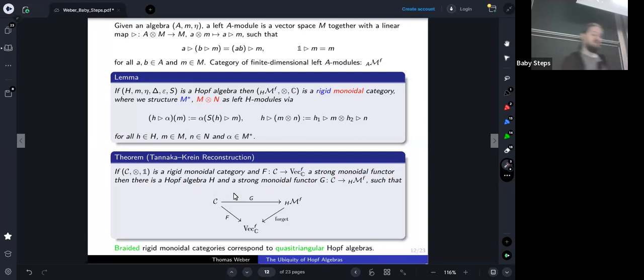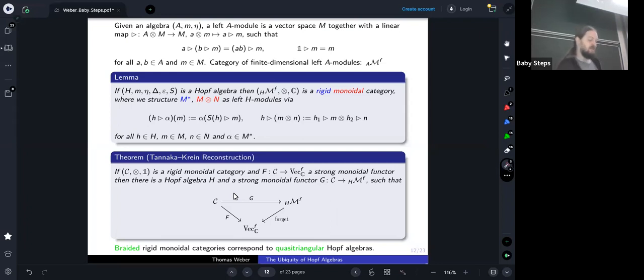I'm not going to tell you what this is, but it's basically just a way to translate the tensor product of one category into the other one. If you have only this data, you can find a Hopf algebra H and another strong monoidal functor G, such that you have this diagram here. And if you read this, it really just means that you can understand C somehow as the left H modules for a Hopf algebra H.